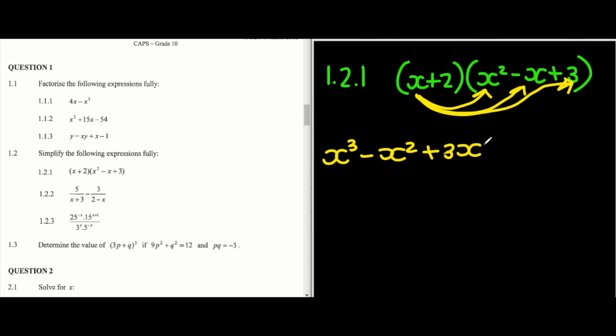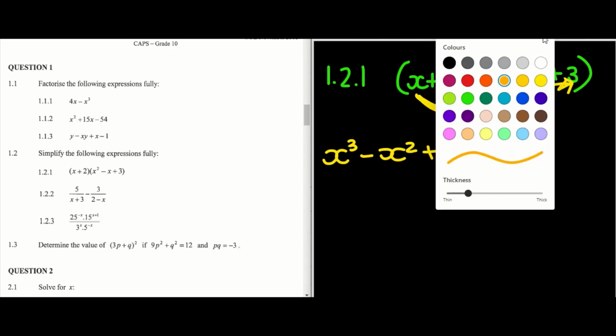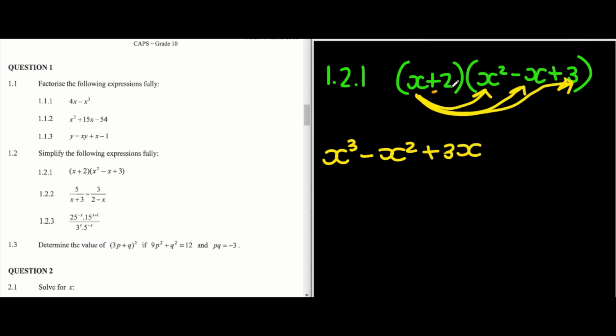Like I said, we've got to do everything in these brackets, so we do the same thing for that too. If we change the color again, 2 times x squared is 2x squared. 2 times negative x is negative 2x. And 2 times 3 is 6. So we've expanded it and gotten rid of the brackets.